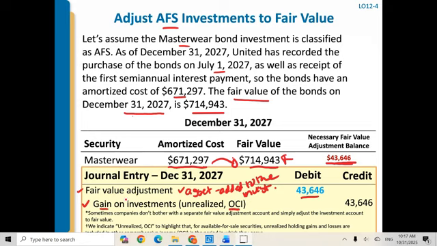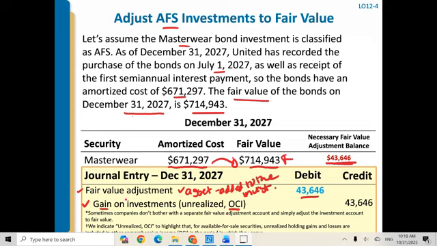As a refresher, back from chapter 4, we learned about other comprehensive income. And just like our net income is closed out to retained earnings at the end of every period, other comprehensive income is closed out to an account called accumulated other comprehensive income, which is also in the shareholders' equity section of the balance sheet.